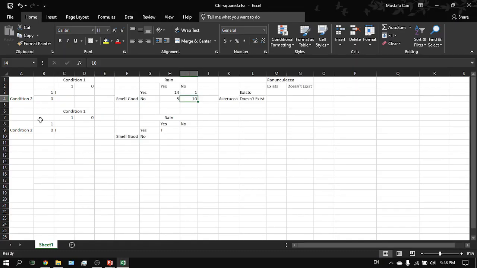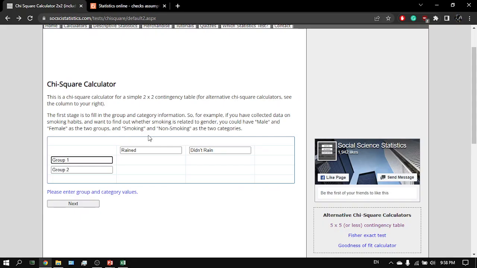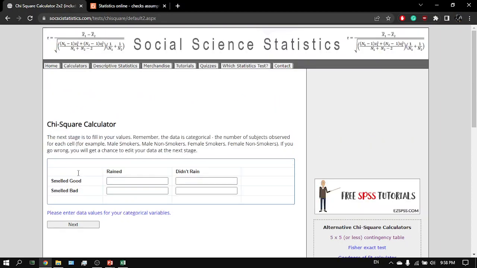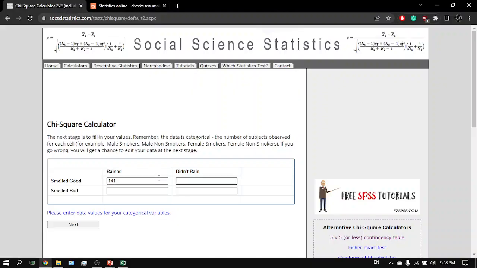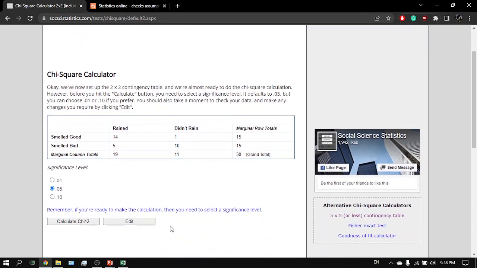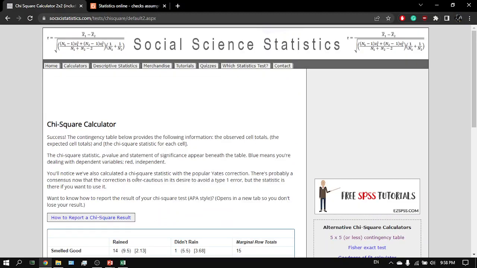Group 1, condition 1: smelled good and smelled bad. So you have two conditions. I copy my values here, 1, 5 and 10, and go calculate the chi-square test.